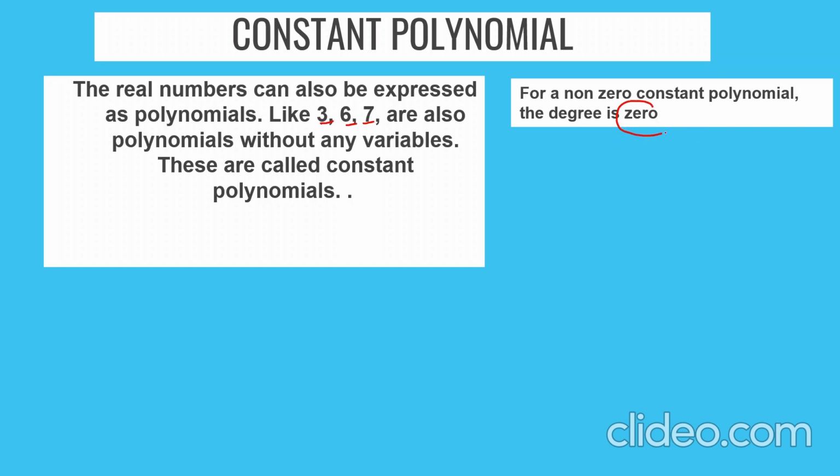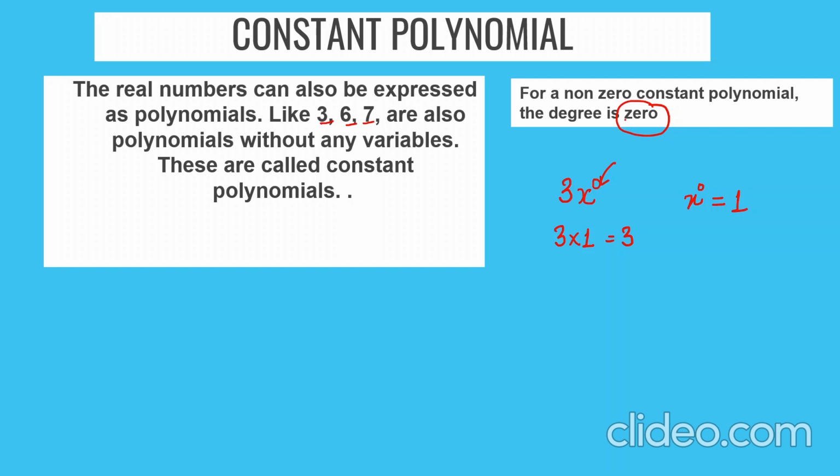Now why? If I write just 3, this is my constant polynomial. If I want to add the variable x here, can I write it as x raised to the power 0? Why? As per the laws of exponents, anything raised to the power 0 is 1, which gives you 3 as a result. Hence, the highest exponent of this expression is 0.